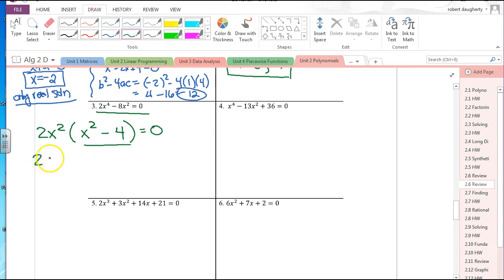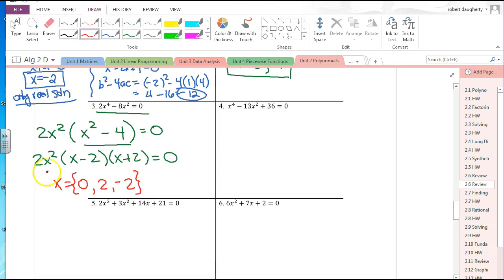So this can all be written as 2x squared, x minus 2, x plus 2 equals 0. Now, if I set each factor equal to 0, I will get my solution is that x is equal to 0, 2, or negative 2. Those would be all the solutions. Okay, so 3 solutions to this particular one.